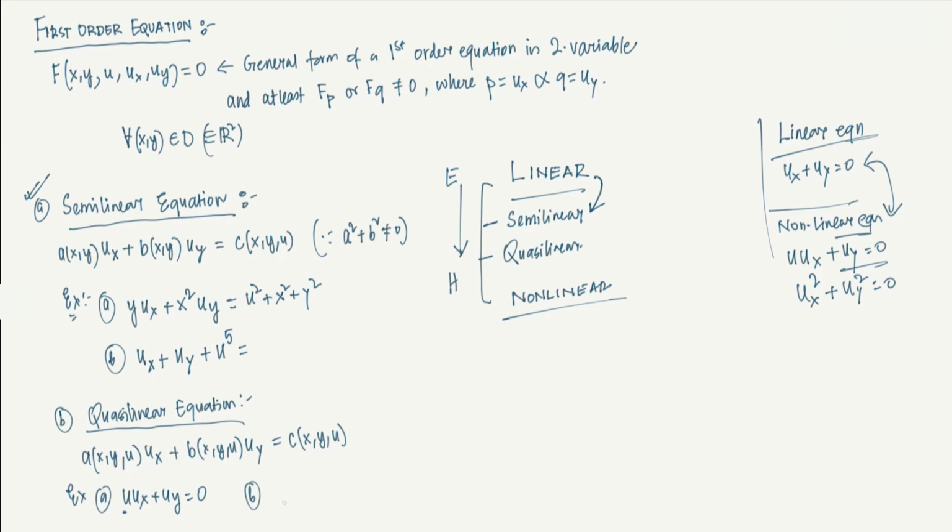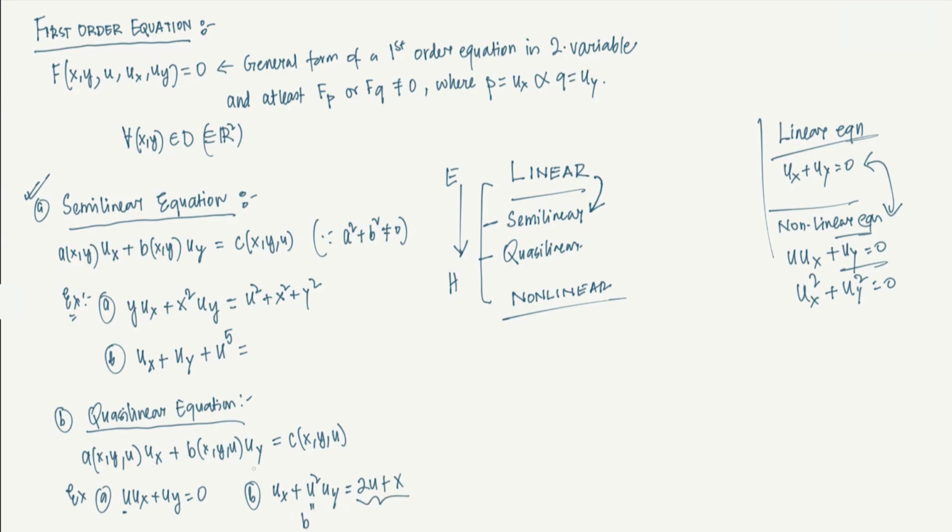Let me give you another example. Let's take it this way: ux plus u square uy equals, let's say, 2y. It's not a very important thing, whatever it is, that will be your c. You see here, this is your b.